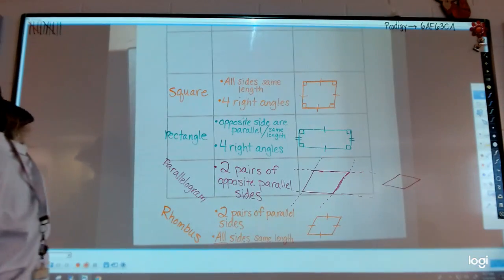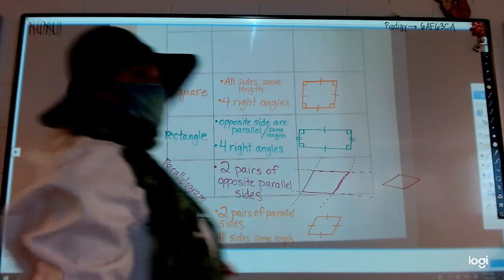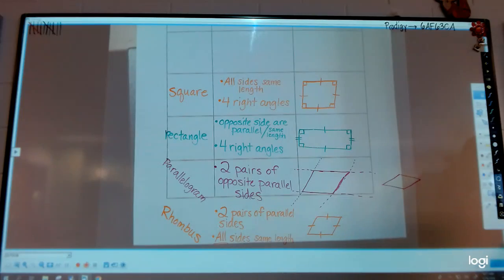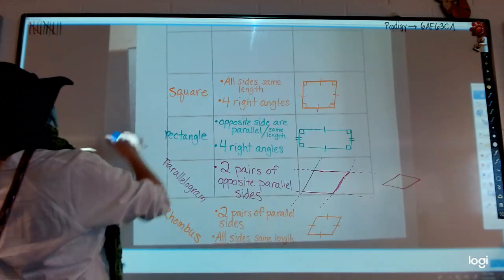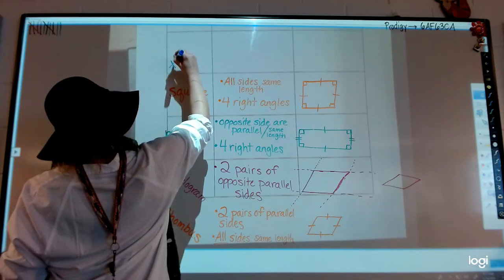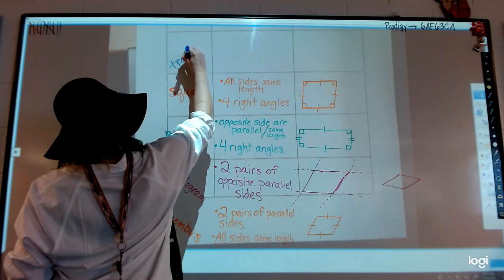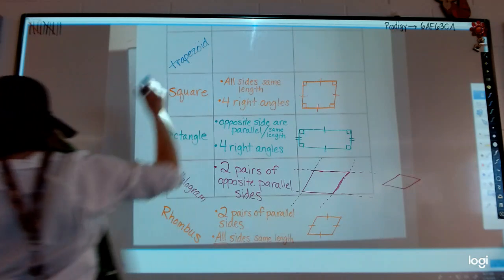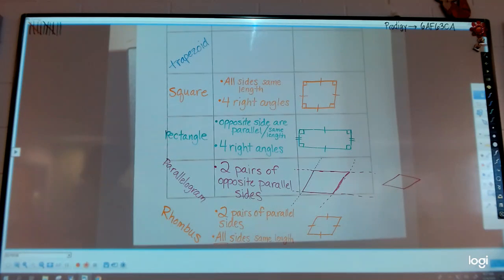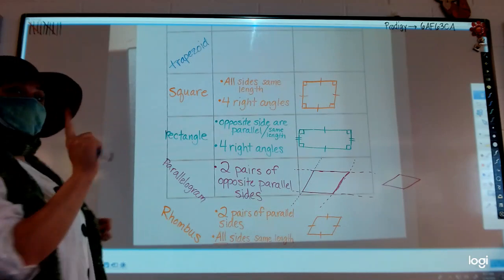Okay. Last shape. And I think this is my favorite. Why? You'll see. This is a trapezoid. All right, the definition of a trapezoid is simple, okay? The definition says only one pair of parallel sides.